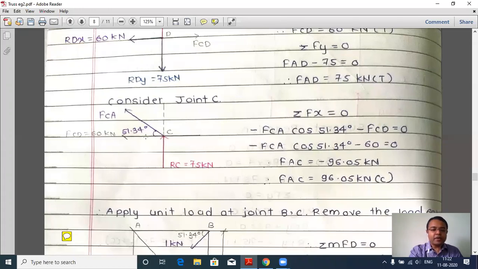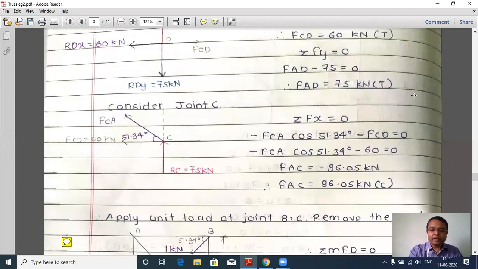And previously we found FCD, of magnitude 60 kilonewton and tensile. So show it over here as the final answer. CD is tensile, with the arrow away from the joint. So in this joint C, the only unknown is FCA.